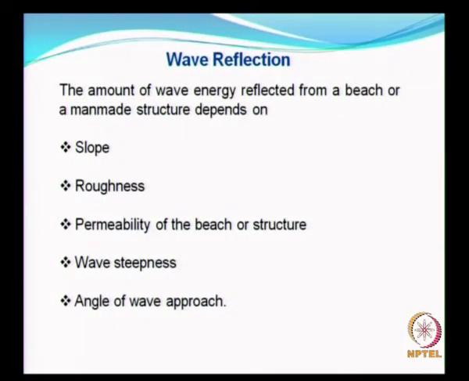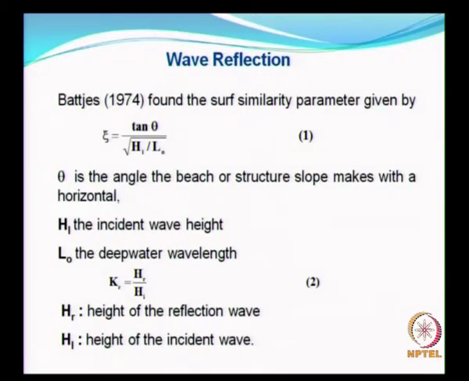So, this I have already explained. Once again, let us see this. The amount of wave energy reflected from a beach or a man made structure depends on the beach slope, the roughness, permeability of the beach or the structure, wave steepness, as well as the angle of wave approach. Battjes in 74 introduced a parameter which is called the surf similarity parameter, given as a ratio of the beach slope to the wave steepness.